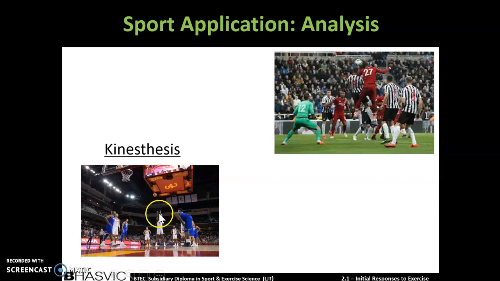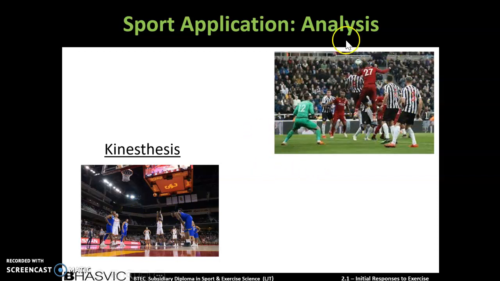So, for example, here we've got a free throw in basketball, and as these are professionals, over time they'll be able to realise before the ball actually travels into the hoop whether the ball will go in or not, to see if it's either a good throw or not, due to their movement and the feel of the movement, as they know it so well from muscle memory what a successful throw or not a successful throw is, that they will know through their proprioceptors whether it be a successful shot or not.